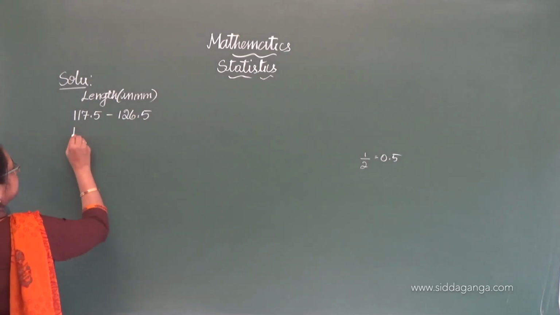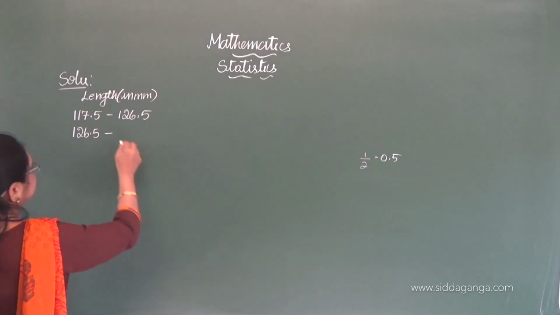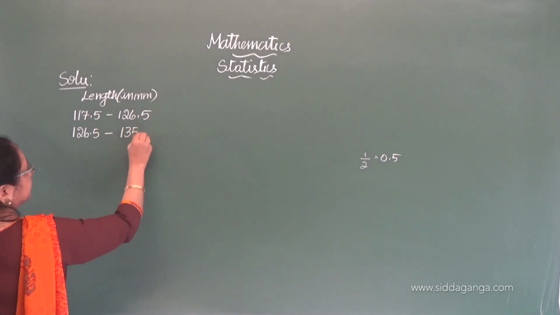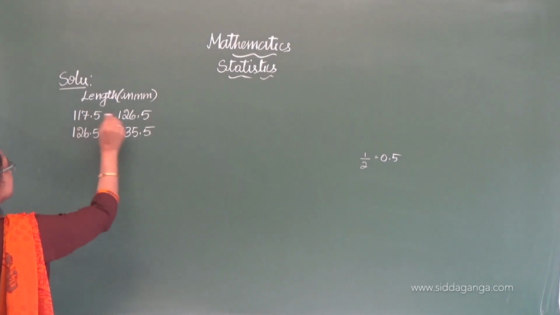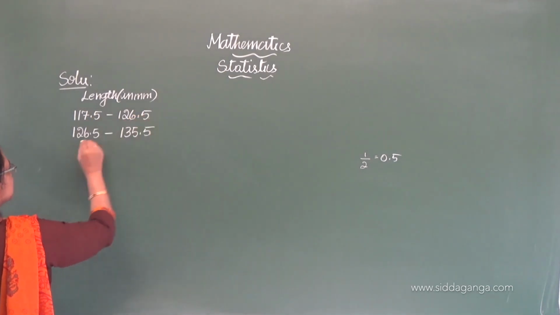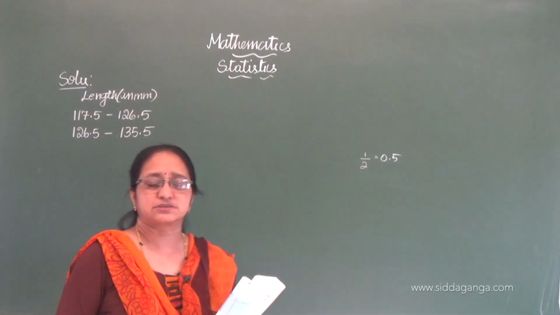Next, 126.5, you subtract, and add 0.5 to the upper limit. So see here 126.5, 126.5, so it will be a continuous class interval.